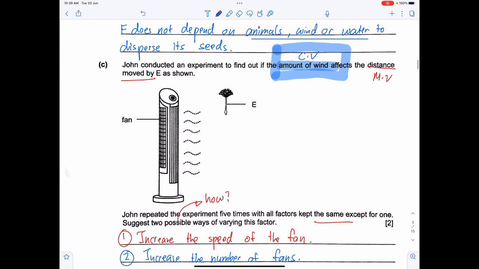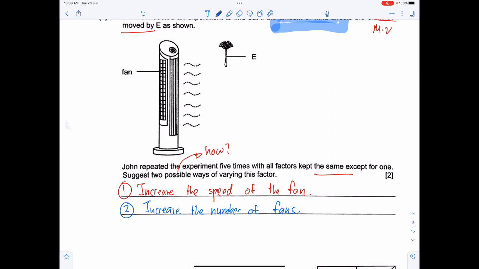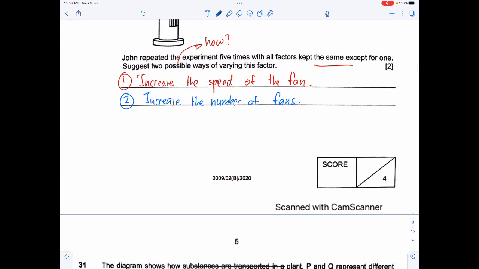If you started off with 1 fan here, I can have the exact same fan, but I put 3 instead of 1. Then the amount of wind would be different. Now I want you to pause and take a look at your answers. Did you actually take some time to identify what is the change variable, especially those who have gotten this question wrong? Next.